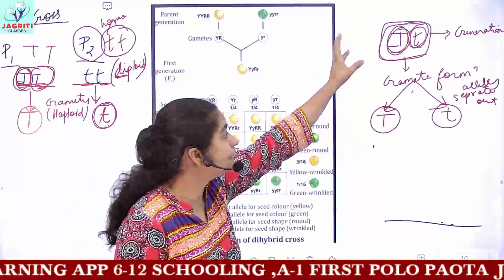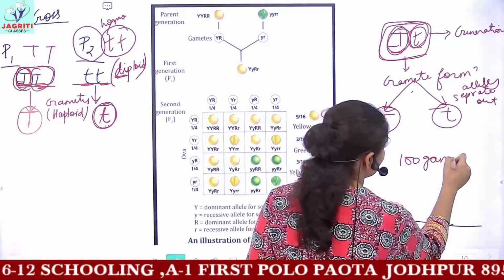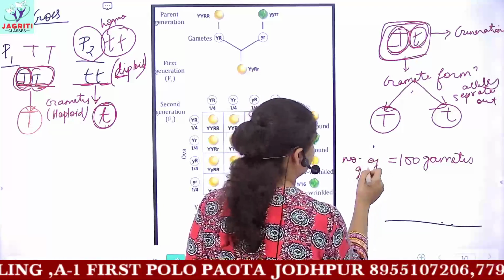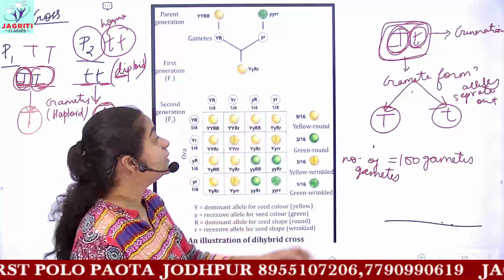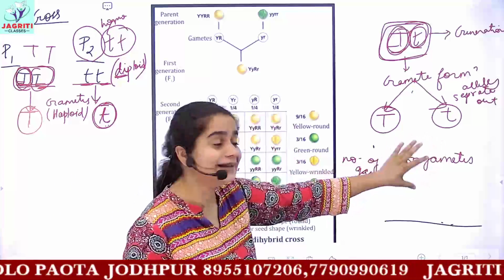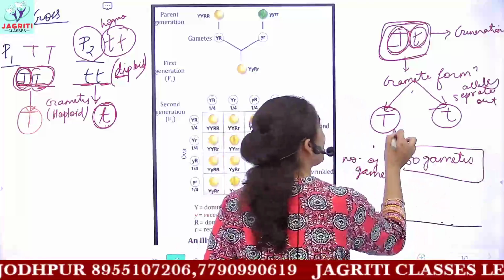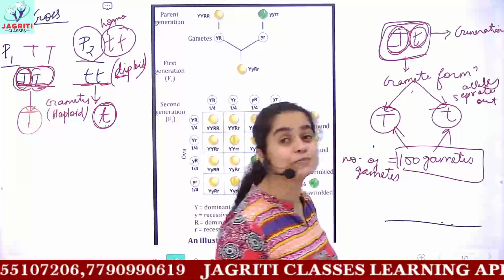If we say that this species forms 100 gametes, where 100 represents the number of gametes formed, then there would be a chance that 50% of these 100, that is 50 gametes, would have the allele capital T, and the remaining 50 would have the allele small t.